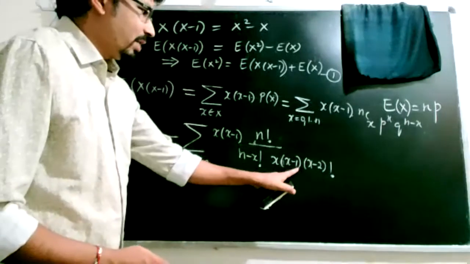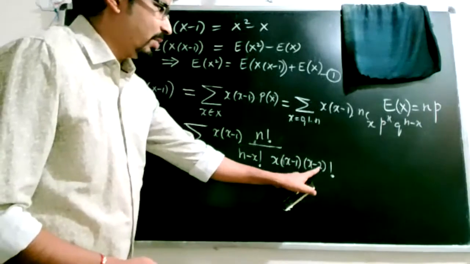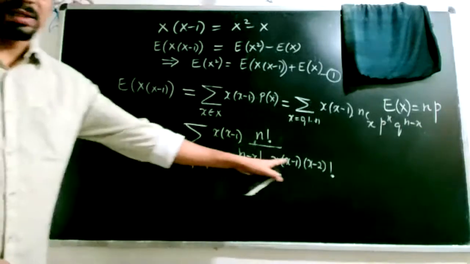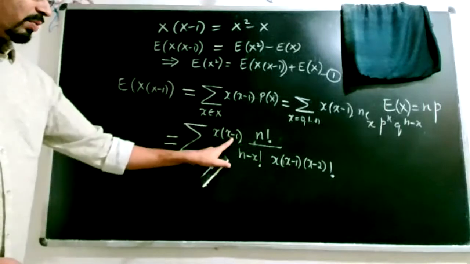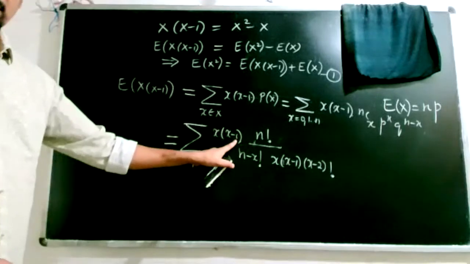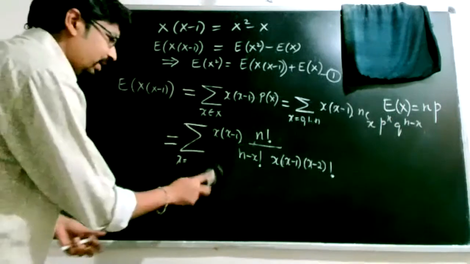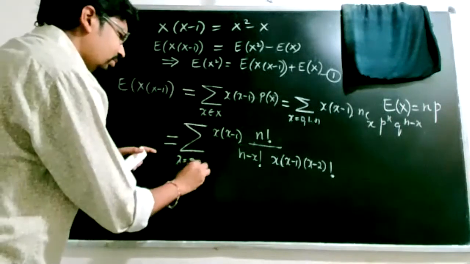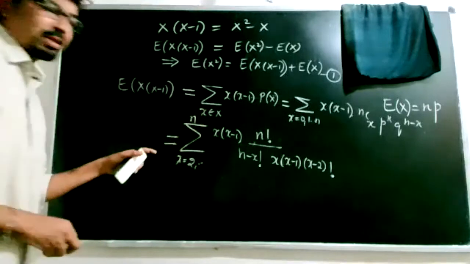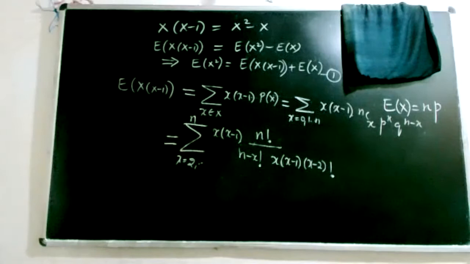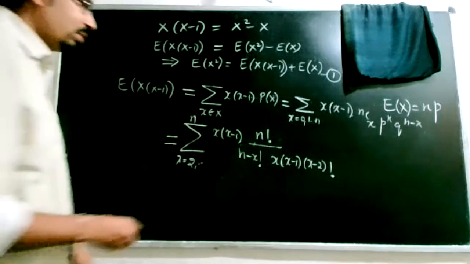Now, if you observe, when you put x equals 0, you will get 0. When you put x equals 1, you'll have 1 into 1 minus 1, which is 0. So your sum is actually starting from x equals 2 to n.